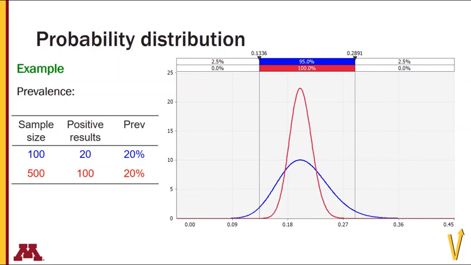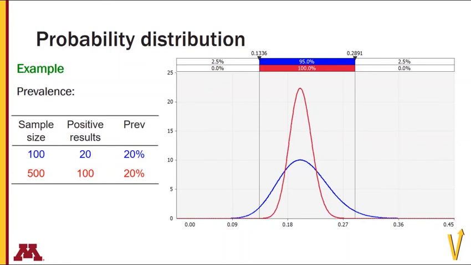The first sampling is represented here by the blue line. Note that the most frequent result, if we represented this sampling many times, would be 20%. The red line represents the other sampling, where the possible results are also distributed around 20%, but they are less dispersed.